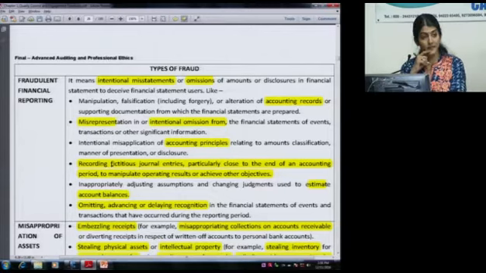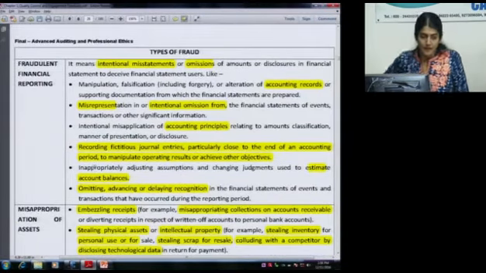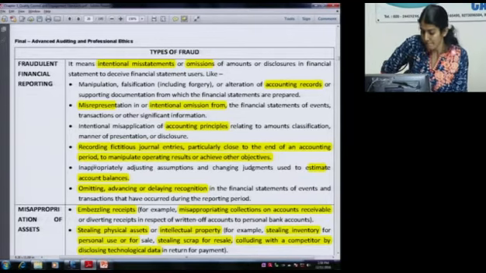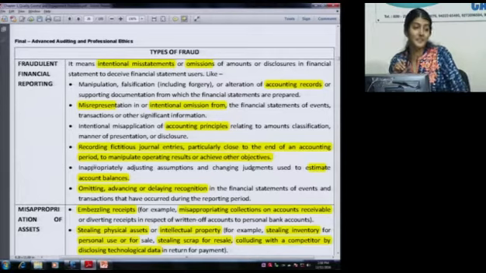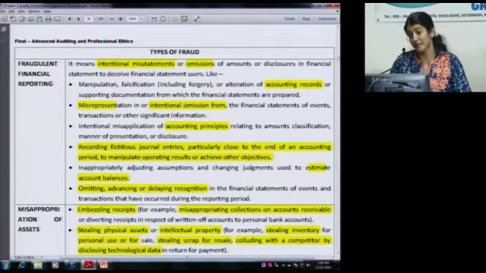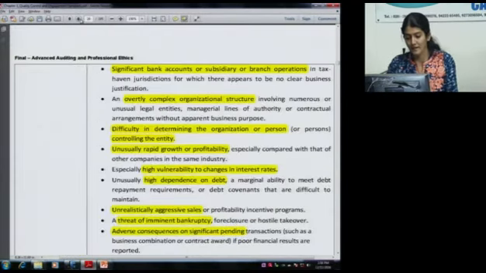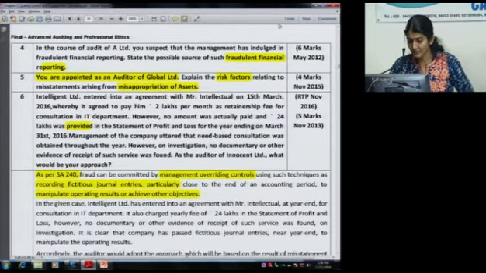Fourth point, see over there. What is the page number? 1.26. FFR point number 4. Recording fictitious journal entry, particularly close to the end of an accounting period to manipulate operating results or to achieve other objectives. Okay. Right.